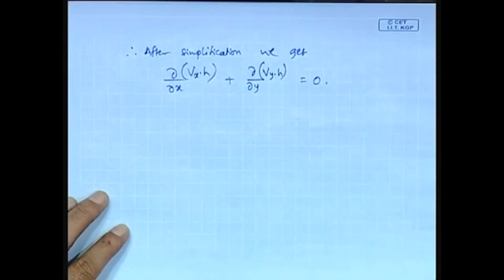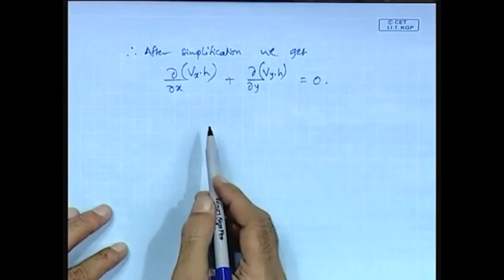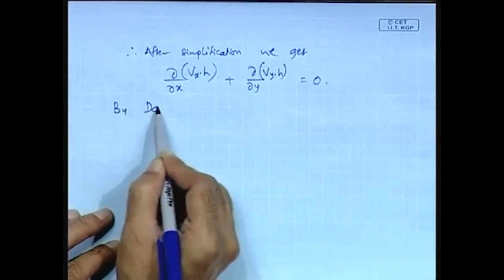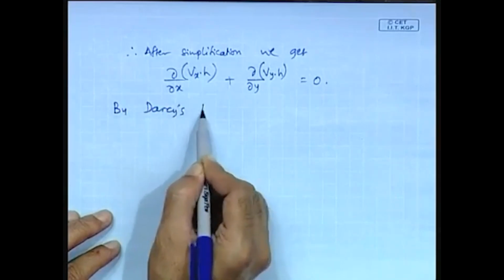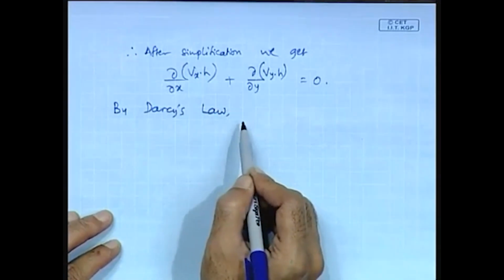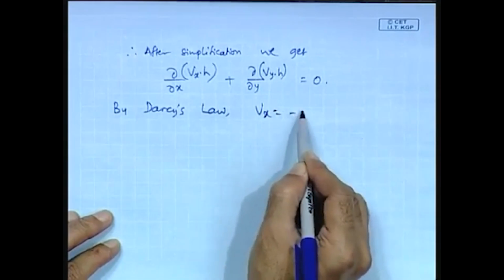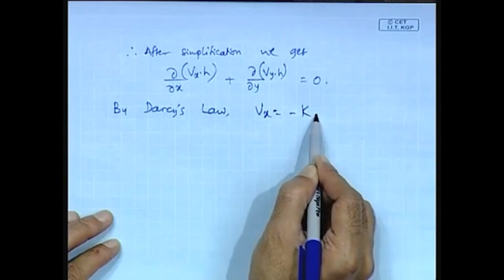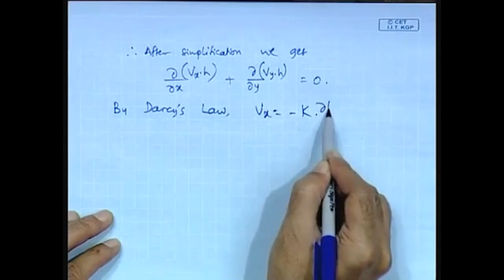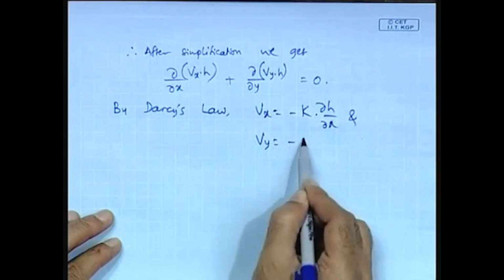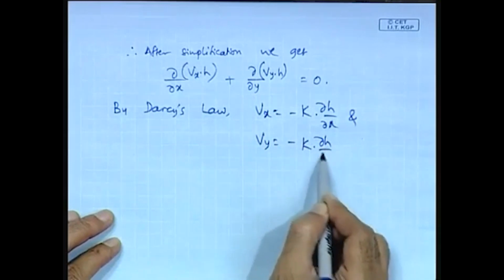So, here this delta x delta y as well as rho can be cancelled. Okay, so, this is the expression we get, and we know that by Darcy's law, this Vx is equal to minus k into dh by dx and this Vy is equal to minus k into dh by dy.